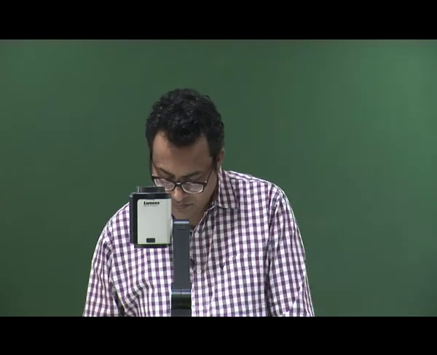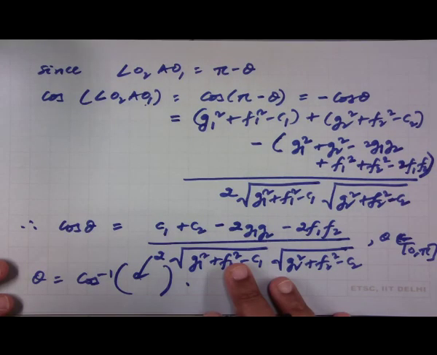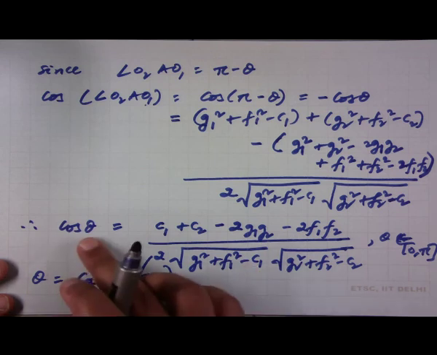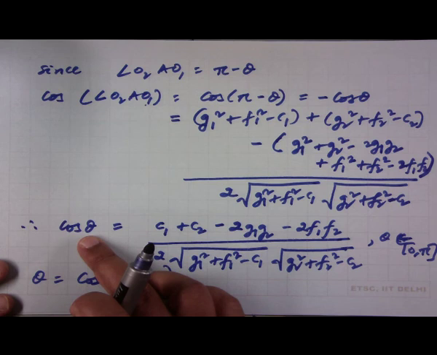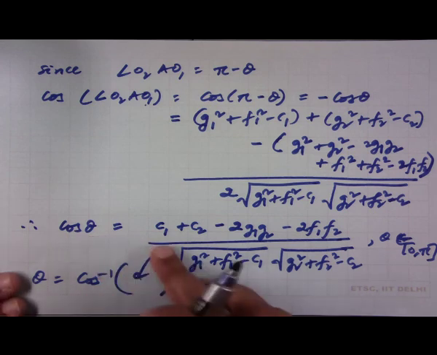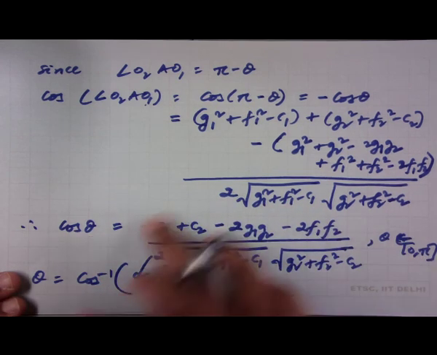And that should not be very difficult from here, because if two circles are orthogonal, then this theta must be equal to pi by 2. But since cos of pi by 2 is 0, it is clear that for two circles to be orthogonal, this right hand side must be 0.